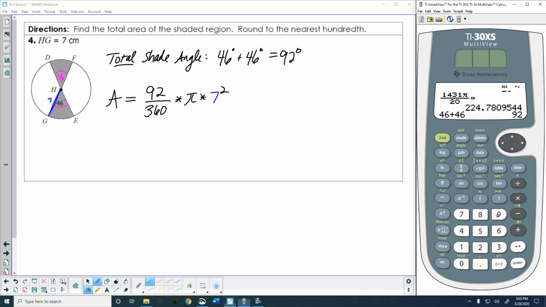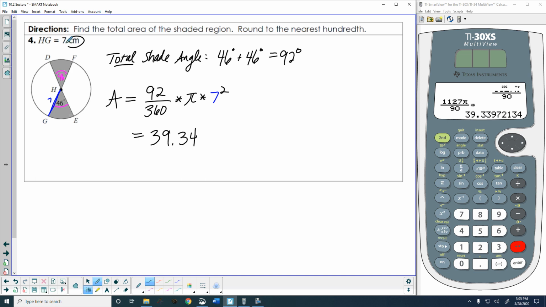Okay, so our angle was a total of 92 out of 360, and then multiply that by pi times radius squared. Get a decimal there, 39.34. And our units are centimeters, so centimeters squared.